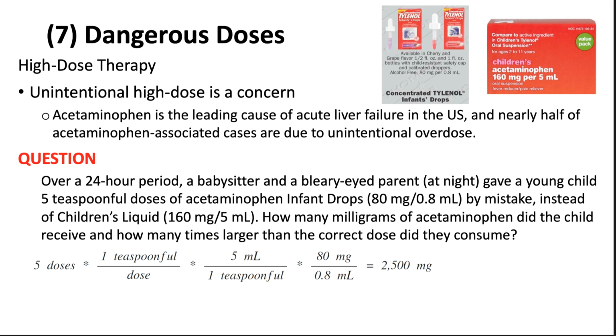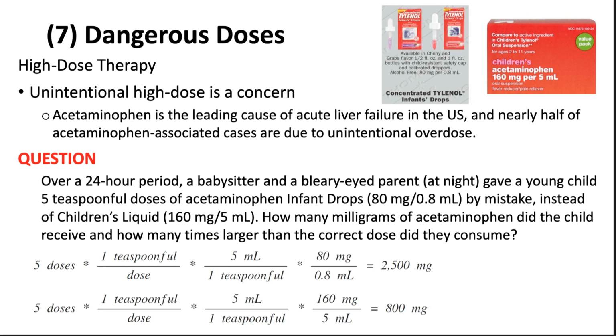All right. What's important to know now is how much of an overdose they got, how many more milligrams than they should have gotten did they receive. So let's do the same calculation again, though I won't go quite as slowly, with what they should have been given, which was the children's acetaminophen suspension, which has the concentration of 160 milligrams per 5 mL.